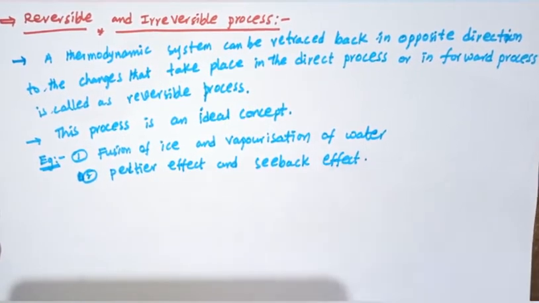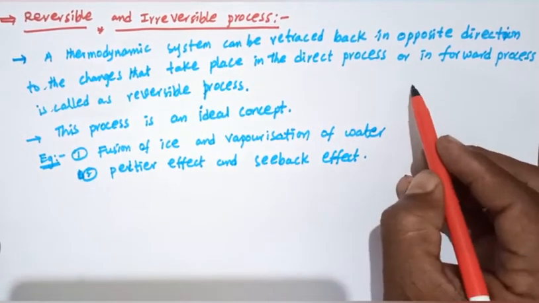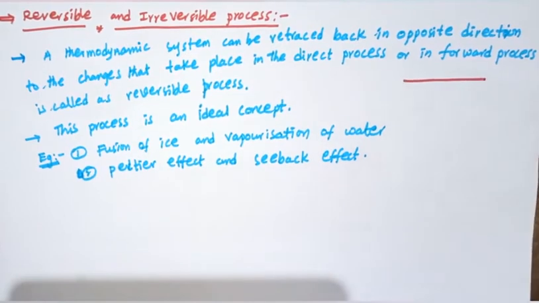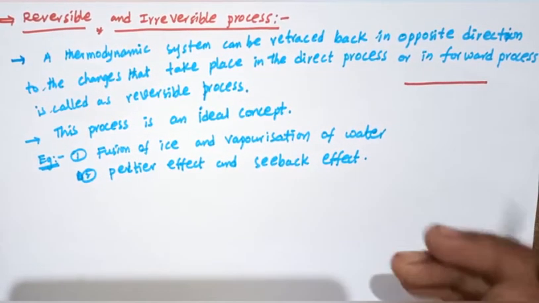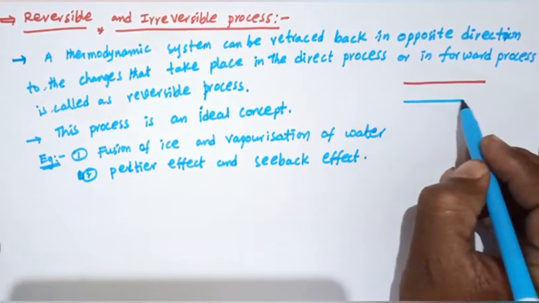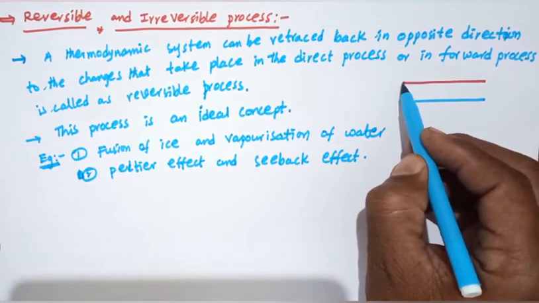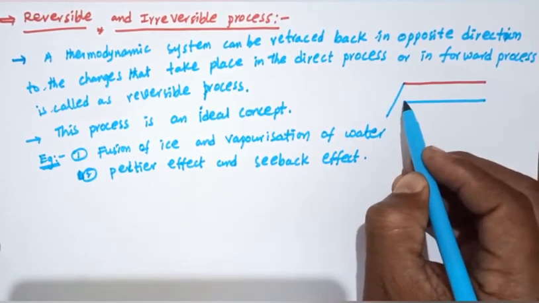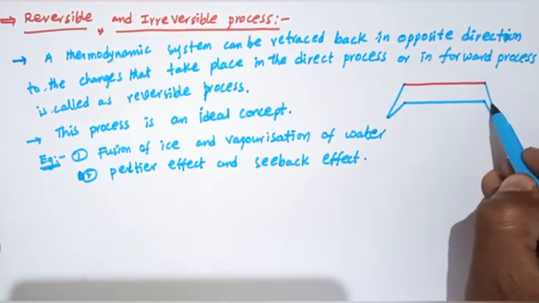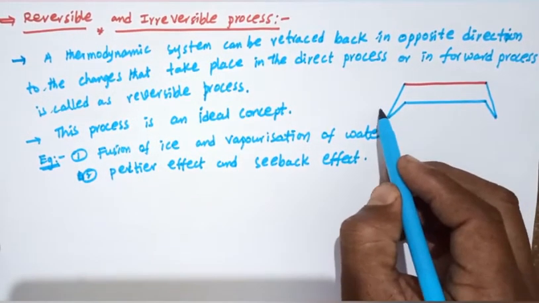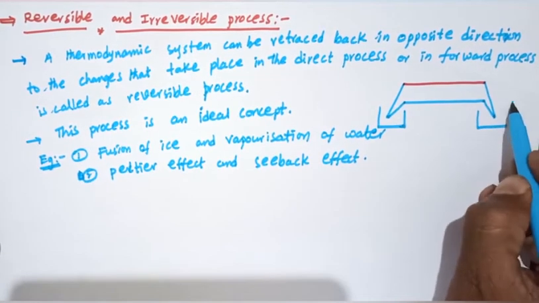So what is the Peltier effect and the Seebeck effect? Take the first wire, and we consider a second wire. They are combined with two junctions.